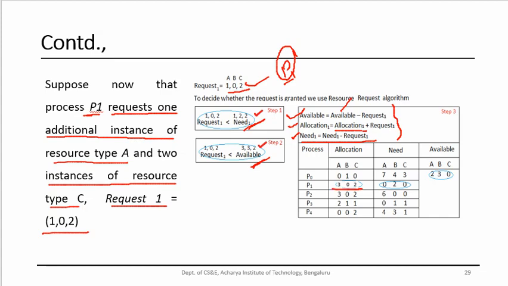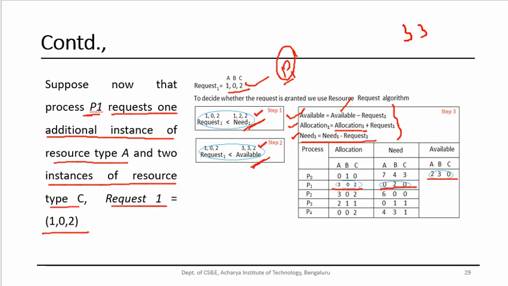Okay, so the allocation of P1 is updated. Whatever it had requested is added to this, and its need has come down. That is the need, its request, whatever it had requested, that is subtracted or removed from the need. And now we had how many?